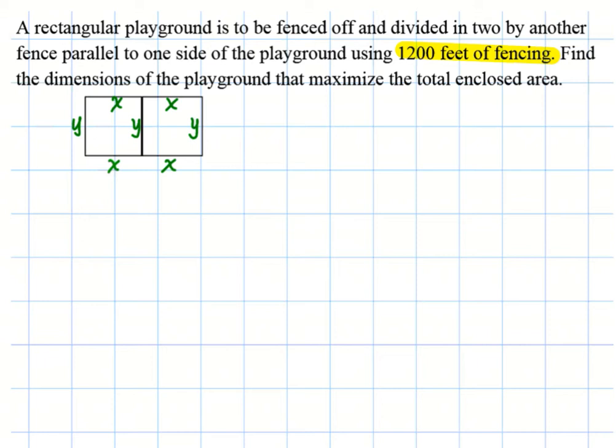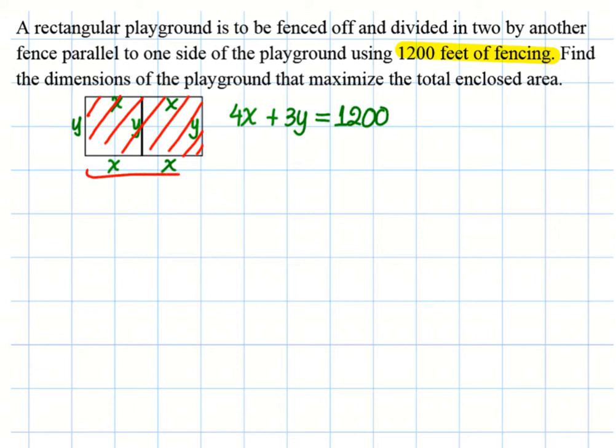So we will have 4x plus 3y equal to 1200. That is the total fencing that we have. We try to maximize the area that is enclosed. So the area is this rectangle.